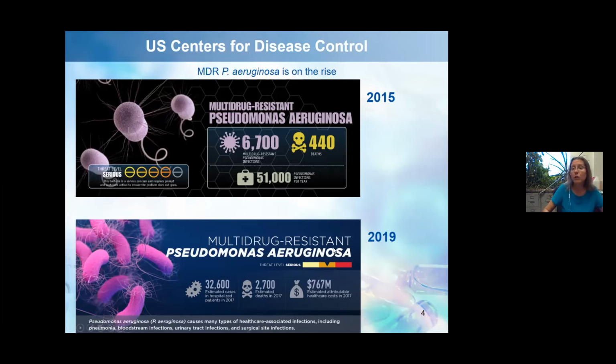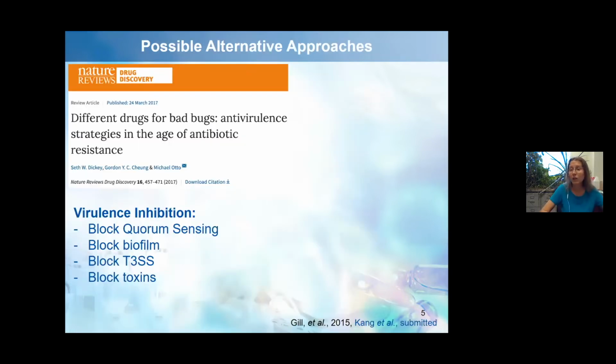Therefore, since it looks like we are not going to develop a new golden bullet antimicrobial that can be efficient and not cause resistance development, we should consider alternative approaches. And one of these approaches is to inhibit bacterial virulence. Different bacteria express a quorum sensing system where they can produce molecules to communicate with each other.